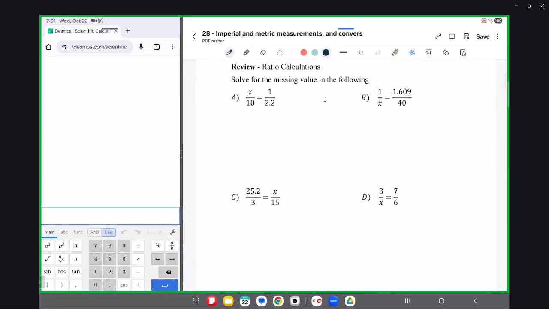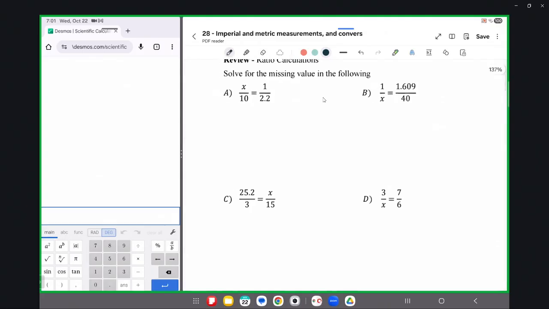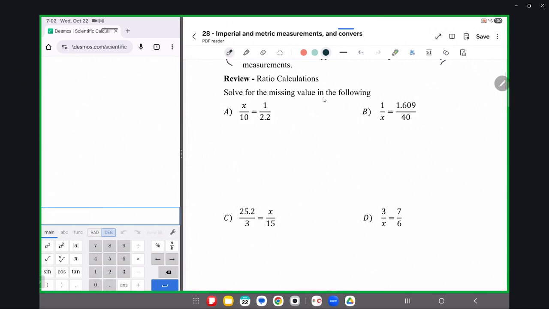Okay, so as a review, there's two key components to make these work. One is to be able to solve these kinds of calculations. So here, for the review portion, we are looking to solve for the missing value in each of the following. For letter A, we have x divided by 10 is equal to 1 over 2.2.